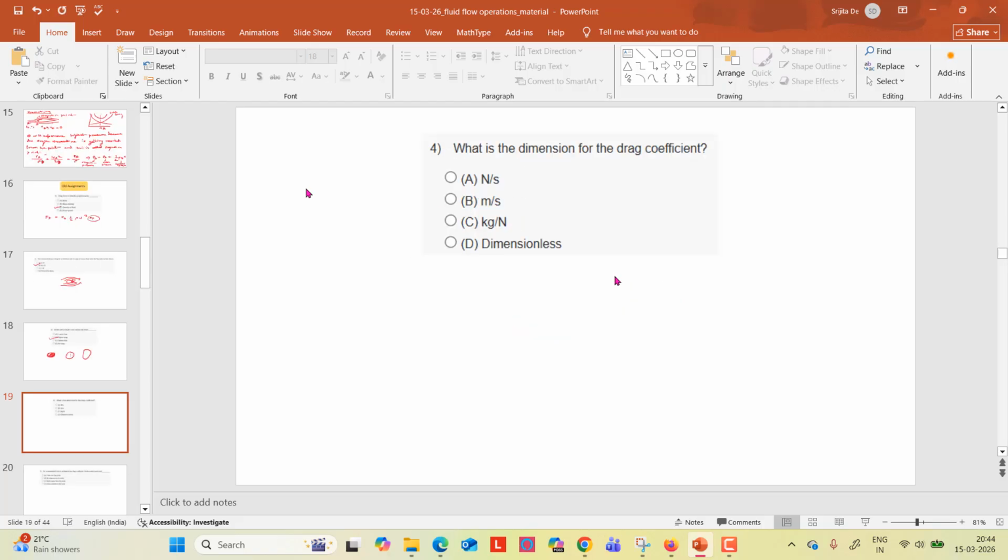Next, what is the dimension of the drag coefficient? So you can calculate. FD equals half CD rho U square, and this is AP, right? So this is the drag force. Force is always Newton. And this is CD, we don't know. Rho is kg per meter cube.